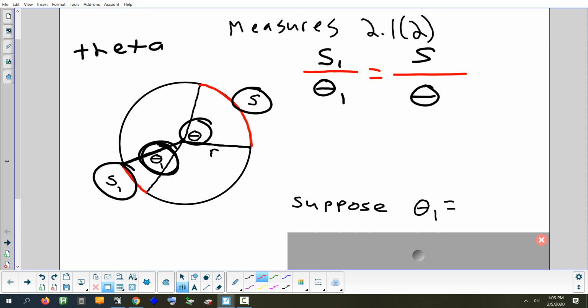And that's the fact that we're going to use. That's going to help us. We learned yesterday that if this arc and this radius are the same, then that angle is automatically 1 radian. So let's do that. Let's suppose that theta 1 is 1 radian. That's just like supposing you have 12 inches.